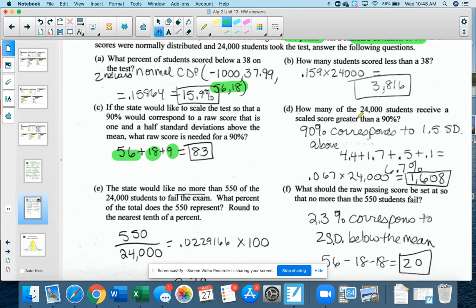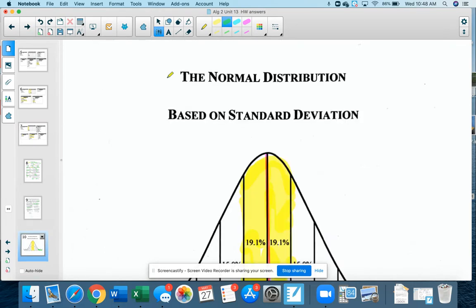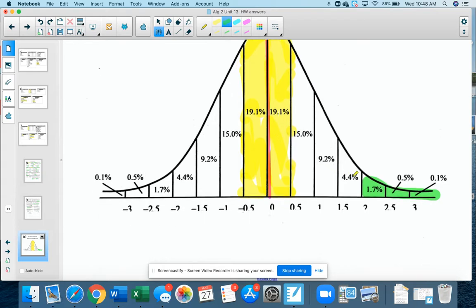How many of the 24,000 students receive a scaled score greater than a 90%? So 90% corresponds to 1.5 standard deviations. We did that back here. So I'm going to take 4.4, 1.7, 0.5, and 0.1 and add those all up. Where are those numbers coming from? Right here: 4.4, 1.7, 0.5, and 0.1. I'm above 1.5 standard deviations, right?